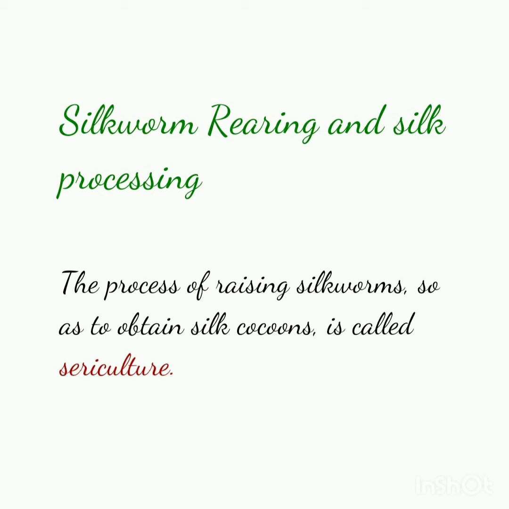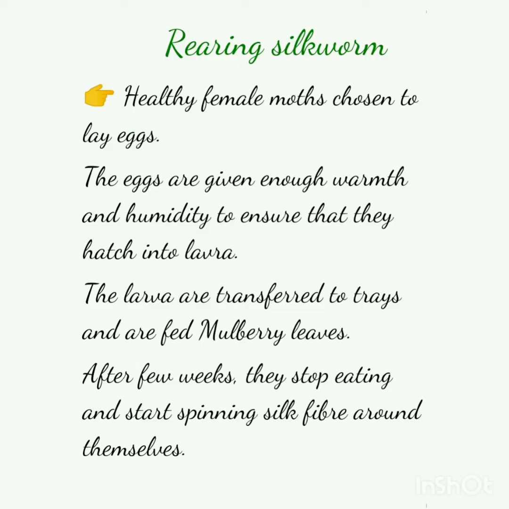The process of raising silkworms so as to obtain silk cocoons is called sericulture. The complete process of how silkworms are reared for obtaining their cocoons is as shown on the screen. Read the points carefully and write down in your fair notebook.